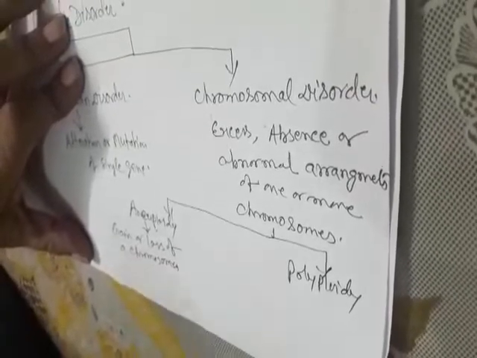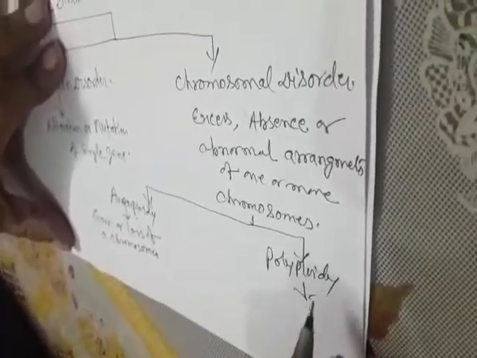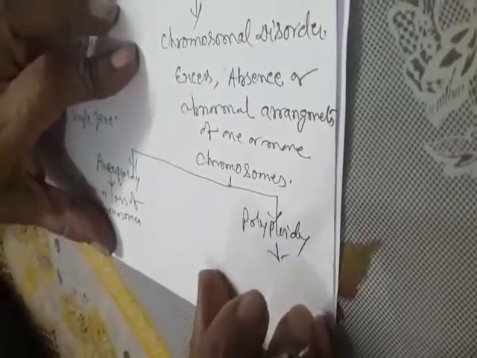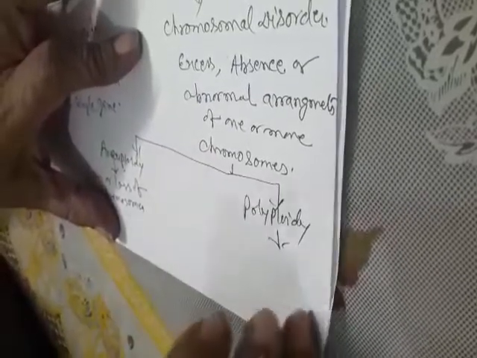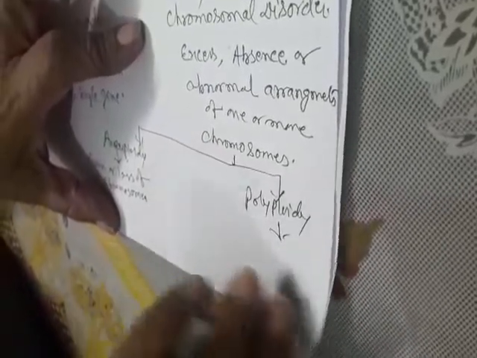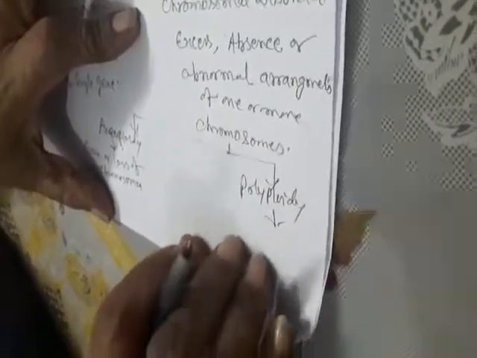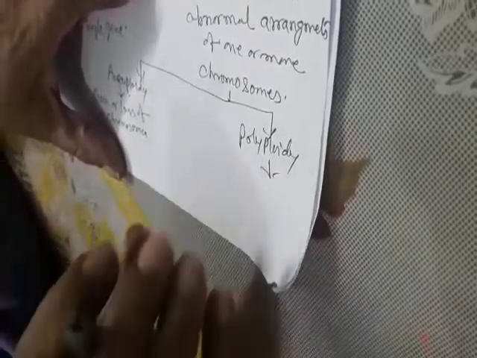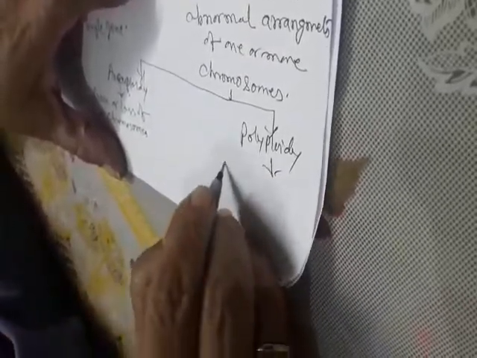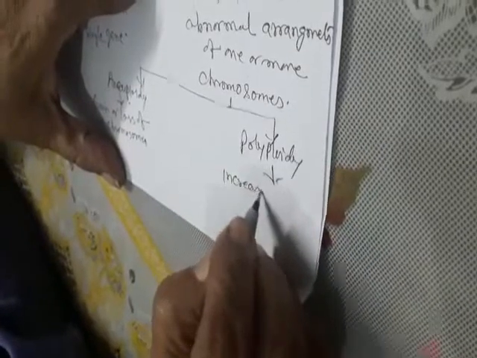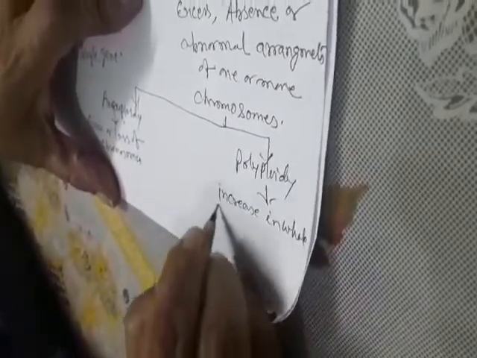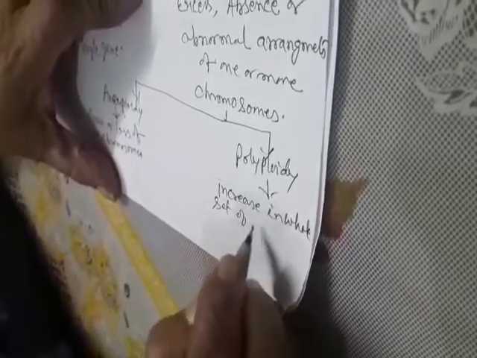But in polyploidy, failure of cytokinesis after telophase stage in cell division results in an increase in the whole set of chromosomes.